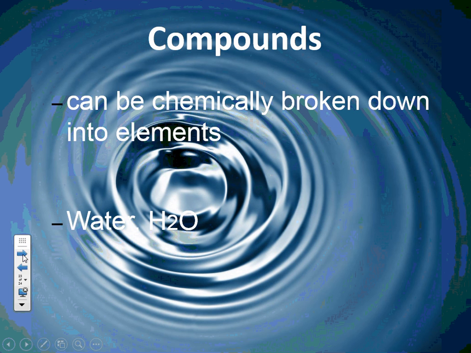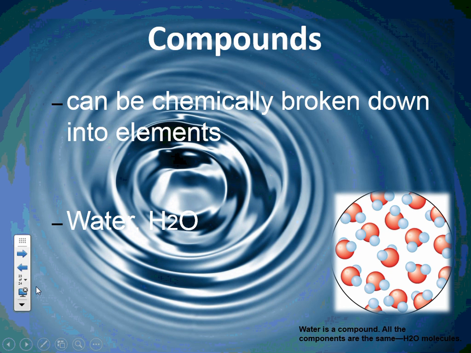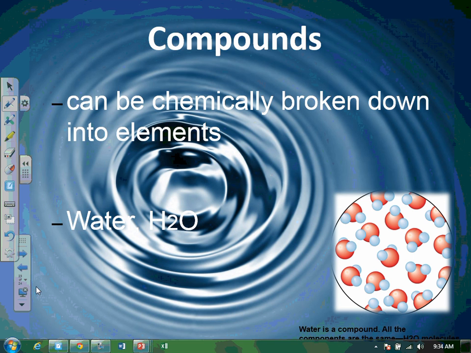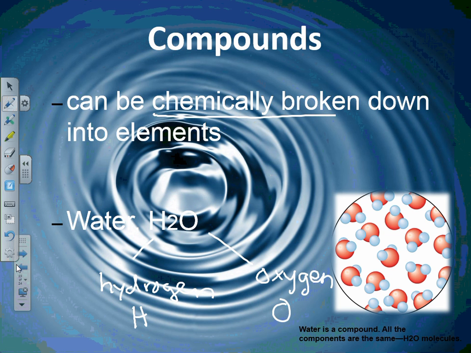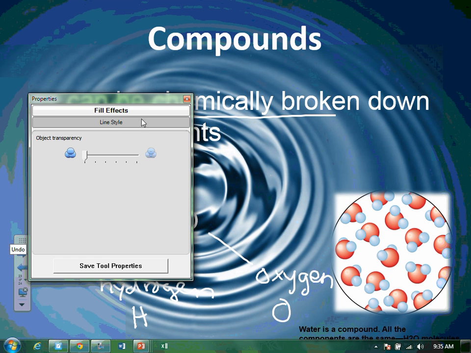So you can take water, put an electric current through it, and you'll get hydrogen and oxygen. So hydrogen, and you could write H, and you would get oxygen if you broke it down. But it has to be broken down chemically. So usually that means adding heat or electricity.